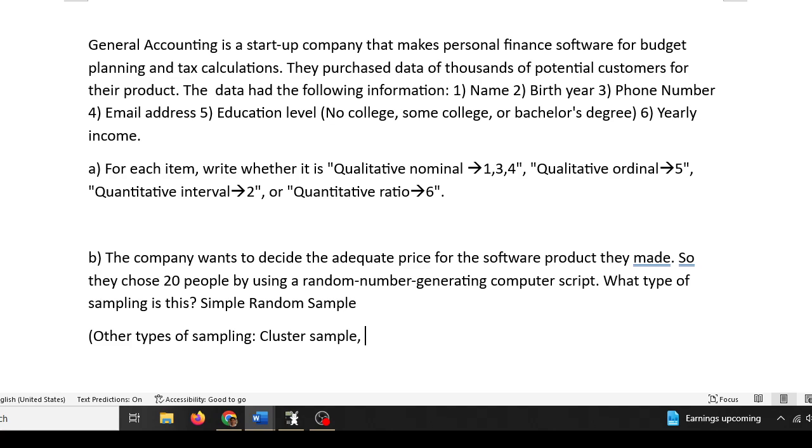Now, sometimes it's good enough. Sometimes people do it because it's more convenient, but there are times when cluster sampling cannot guarantee that you get a good representative sample of the entire population.